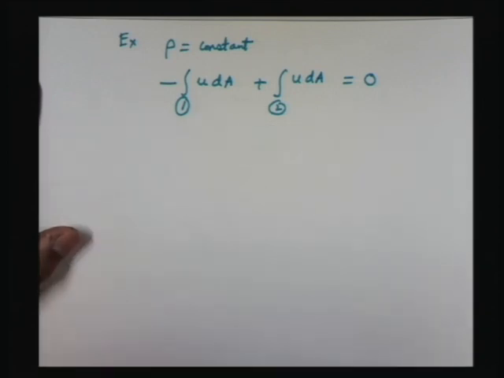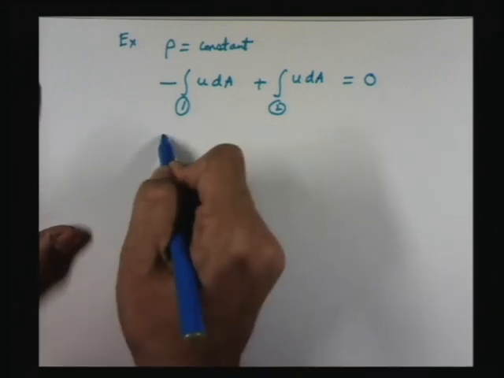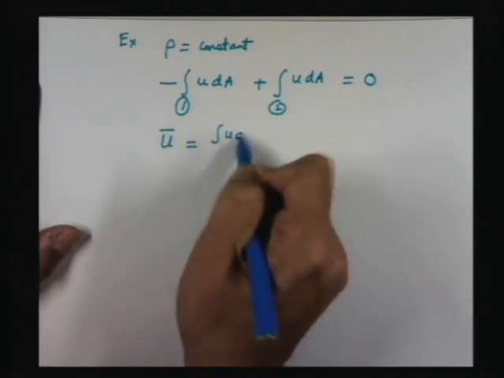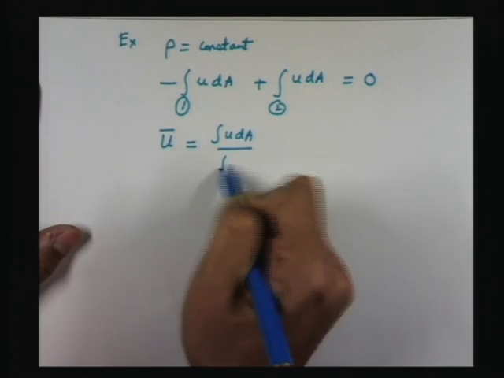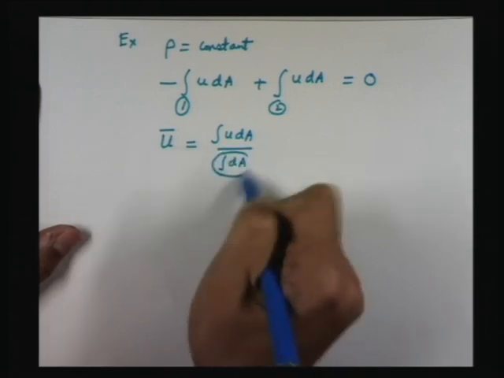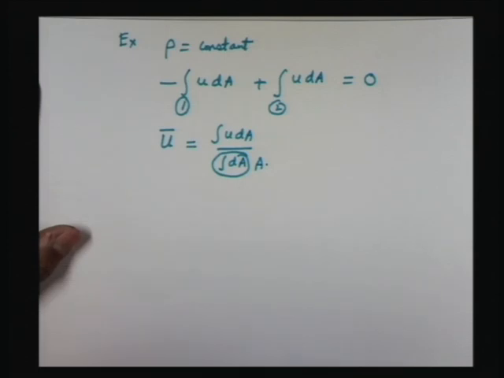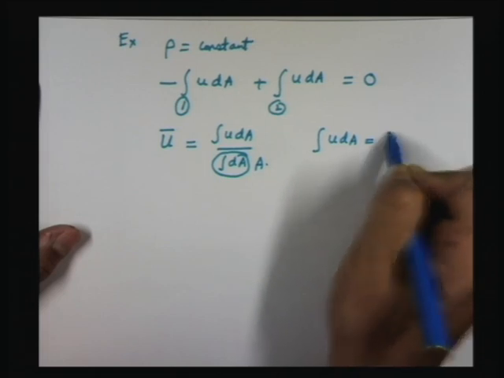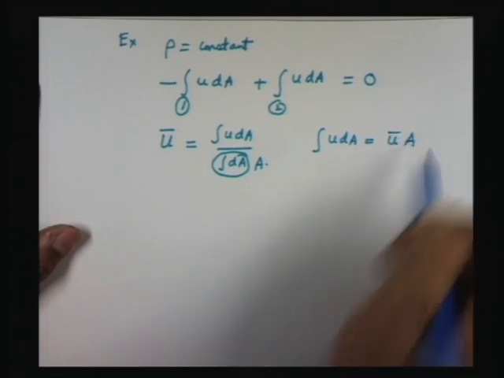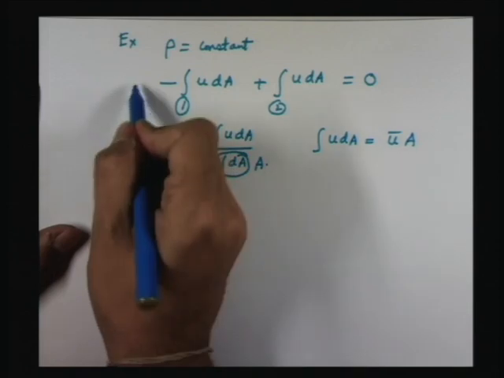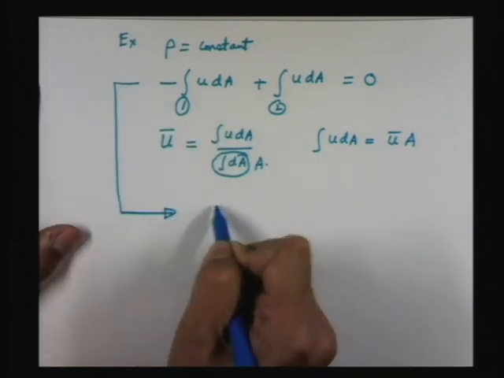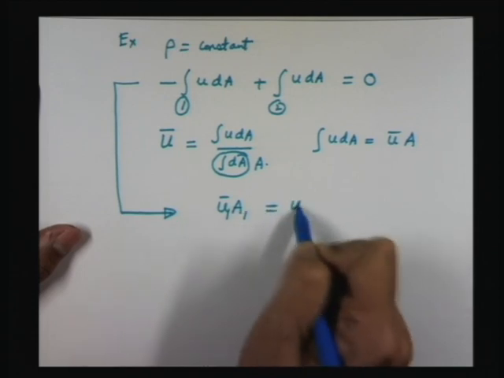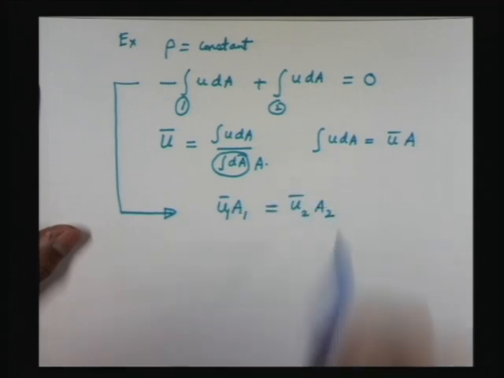By definition in fluid mechanics, the average velocity u average is equal to integral of u dA by integral of dA, which is the area. So integral of u dA is nothing but u average times A. So that means from here it follows that u average times A1 is the same as u average times A2.